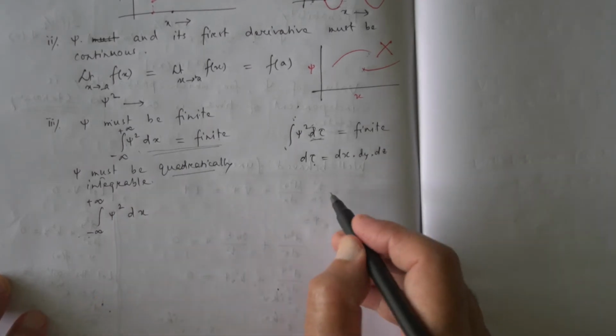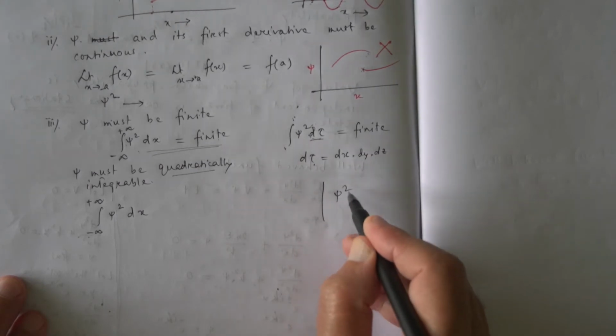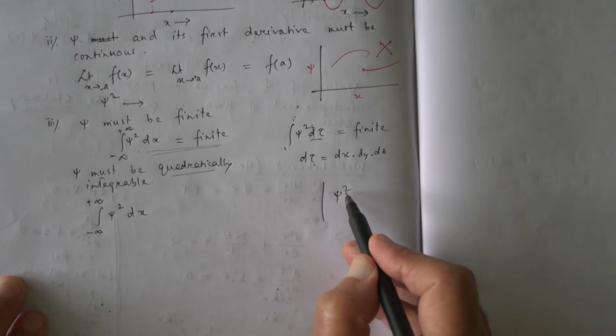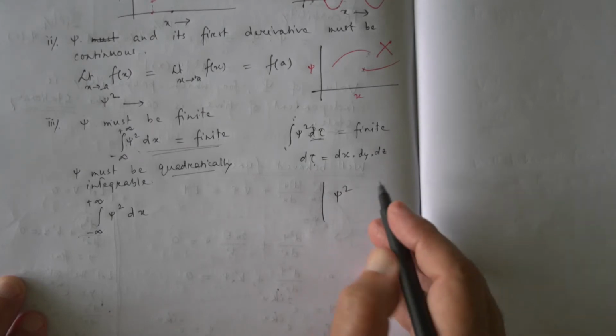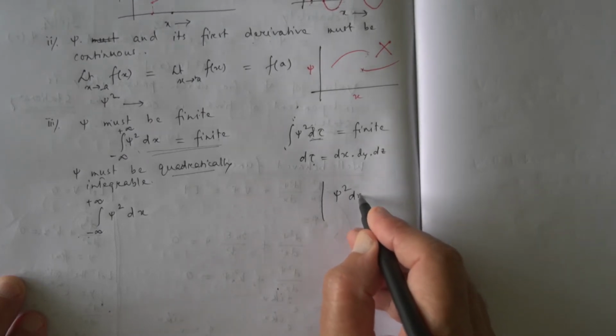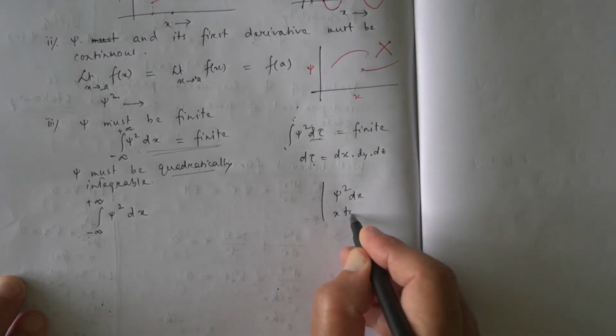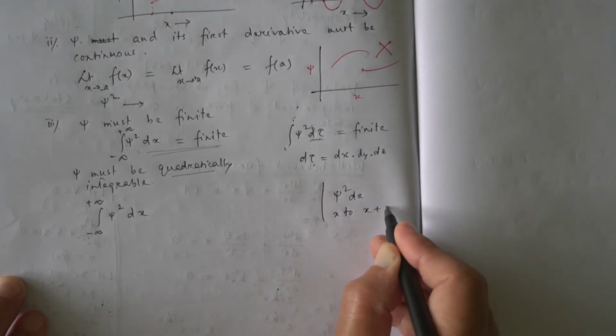So psi square is probability. Psi square is probability at a point. And psi square dx is the probability within the range x to x plus dx.